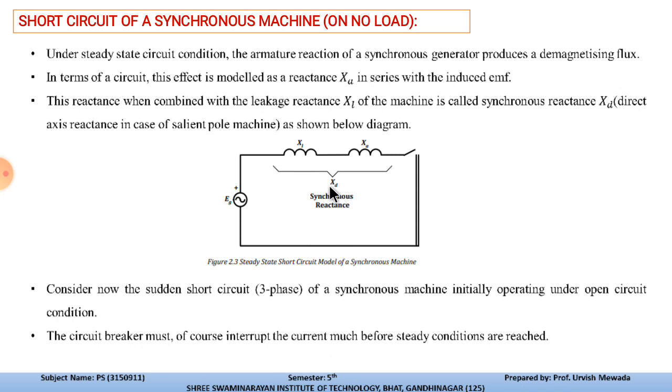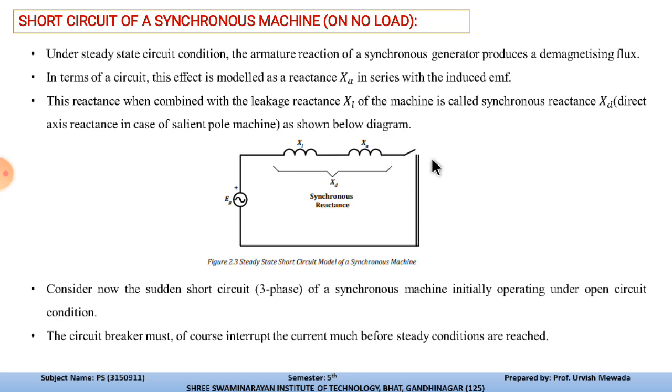In this diagram, it is showing the synchronous machine and its terminal, where we have placed one switch. As I explained, at the time of short circuit of the synchronous generator at no load, the machine experiences a transient, and the synchronous machine is initially operating under open circuit condition.